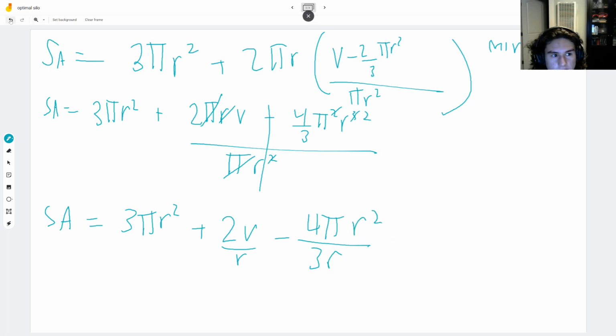And we can actually cancel the r squared. My bad. So it's just 3, because this squared will go there because I'm separating the fractions. So that's 3 pi, or 4/3 pi r.